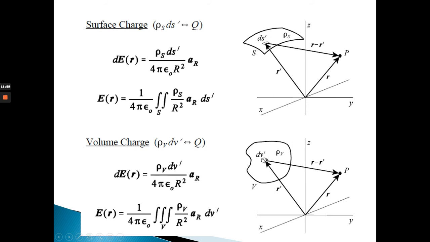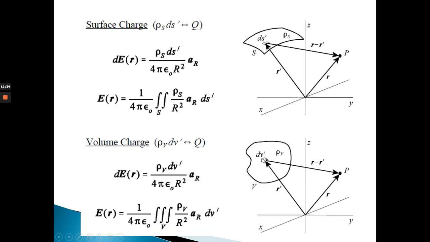And also for the volume charge, what is the effect on this point, meaning what is the electric field intensity at point P for this volume charge density?